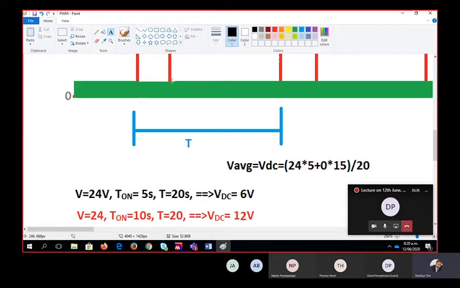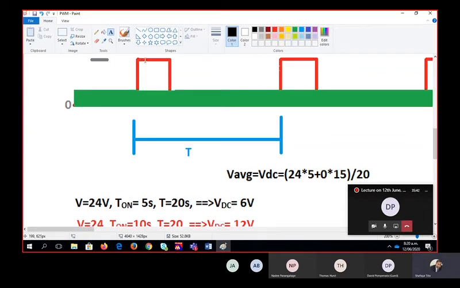So this pulse is making 24 volt, on for 5 seconds, off for 20 seconds. If it continues in this way, then I can find the average. This is similar to having a 6 volt continuous supply. So a 6 volt supply will give a power output to a motor equivalent to 6 volt.